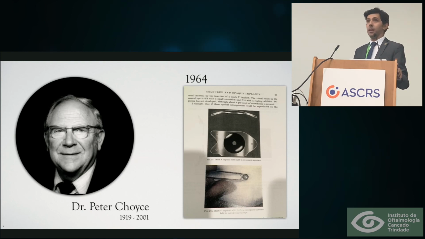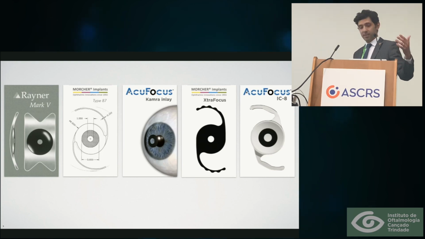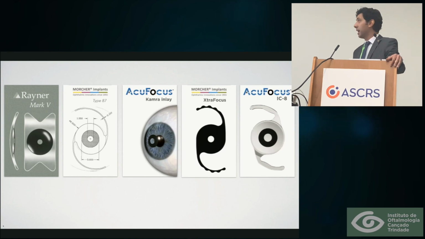This was an anterior chamber IOL with an embedded pinhole mask, which was manufactured by Rayner. Throughout history, we saw some improvements in the design and other devices that applied this principle. And in the 90s, Morcher also released this IOL with an embedded pinhole mask. This used to be a PMMA IOL.